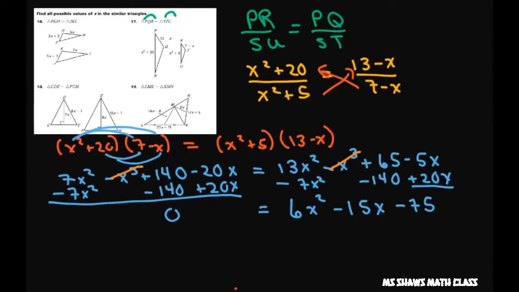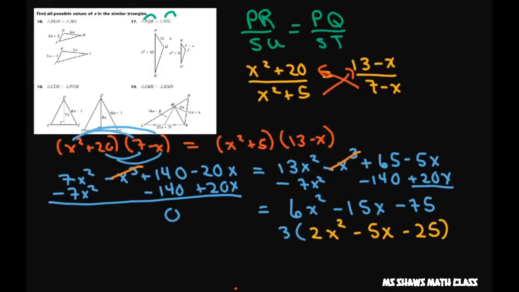Let's see. I can factor out 3, so let's factor out 3. You get 2x squared minus 5x minus 25.